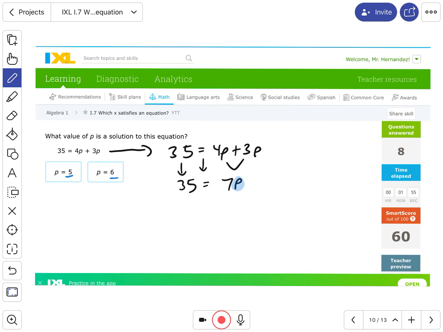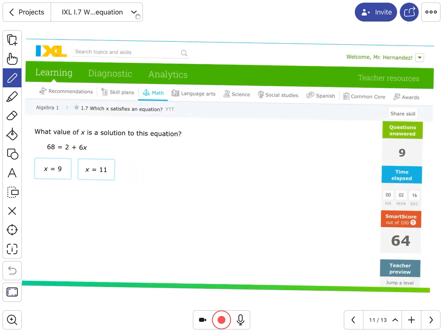So this would be 35 equals 7 times 5. Well, that would be true. And then this one would be 35 equals 7 times 6, but 7 times 6 is 42, and that's not true. So this would be the solution.